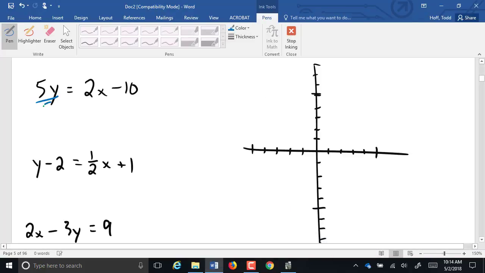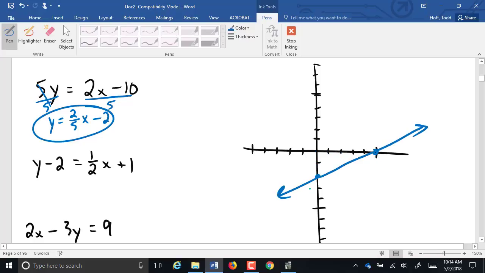So for the first one up here, we've got to divide by 5. We get y equals 2/5 x minus 2, right? So we start at -2. From there we go up 2 over 5. So there's our line.